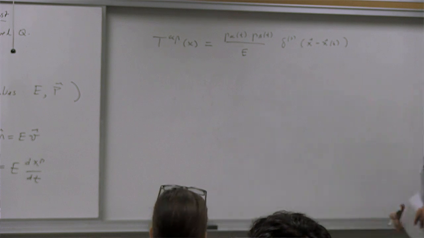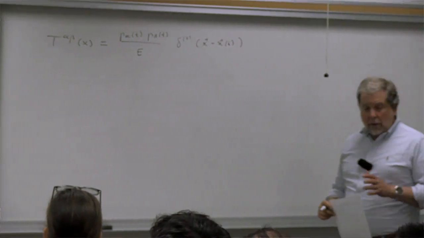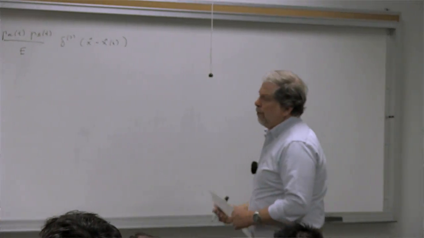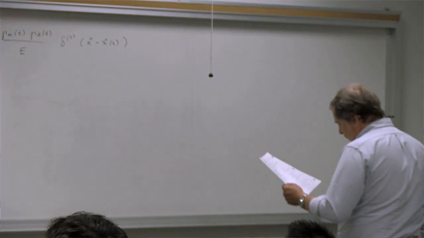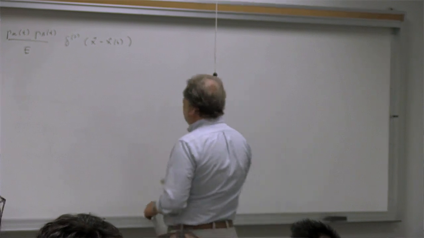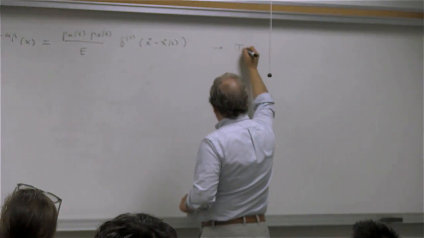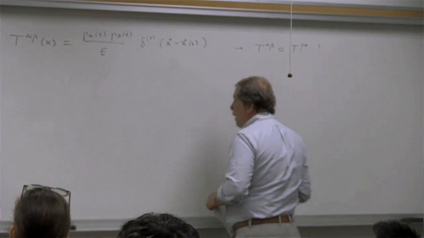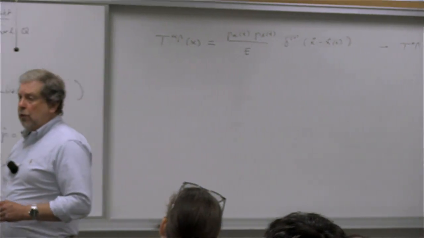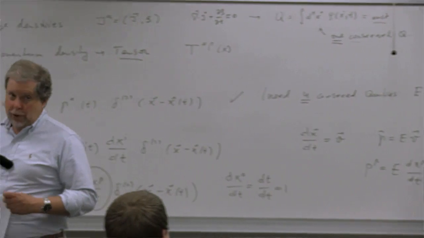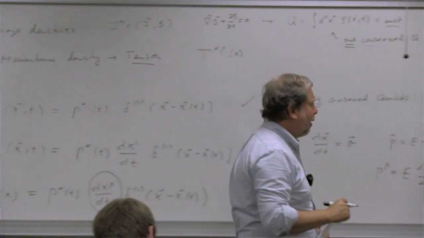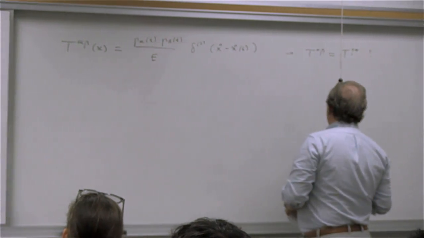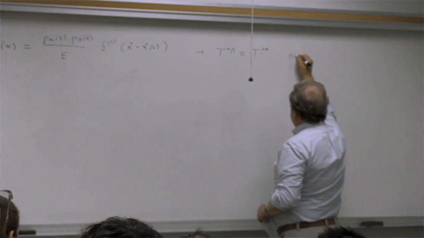Well, it's a slight rewriting, and of course it's still obviously at this point not manifestly Lorentz invariant. Nevertheless, we recognize from this that T alpha beta is equal to T beta alpha. That the energy momentum tensor constructed in this way is in fact symmetric. That is certainly clear because of the appearance of the P alpha and the P beta. So, symmetric.